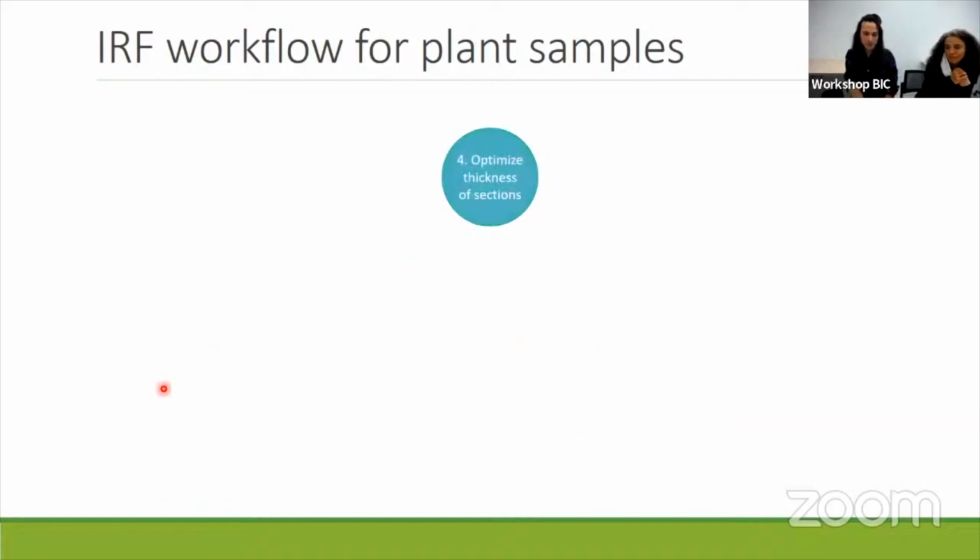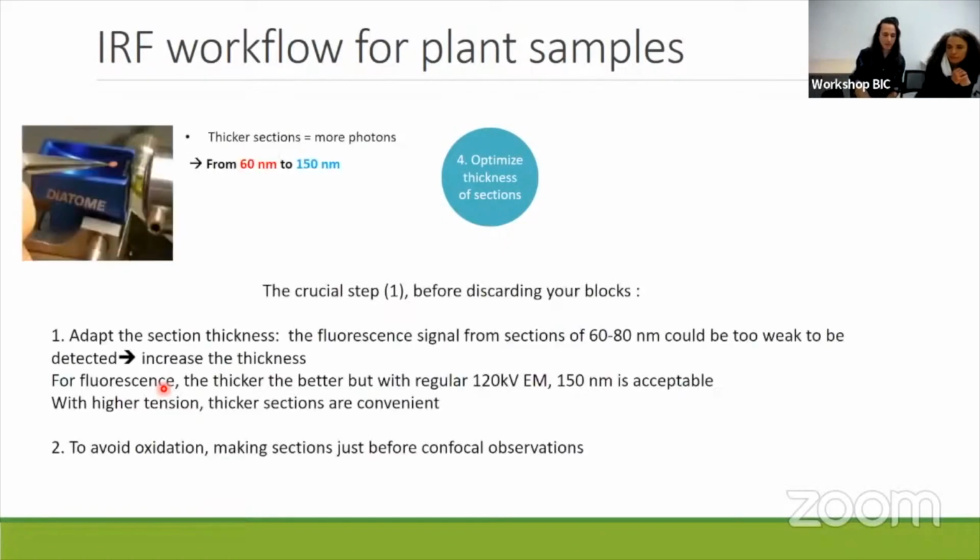Okay. So now we have to optimize the thickness of the section, and this is actually to optimize the fluorescence visibility. What you have to think is that the thicker the section you cut, the more photons will be available in the section.